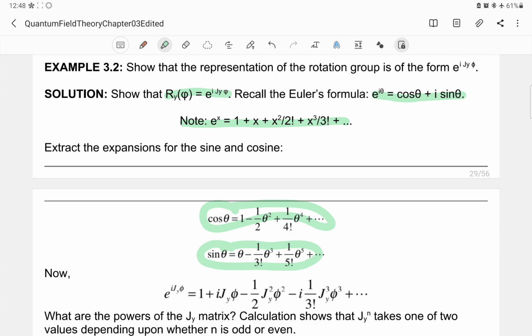But in that case, you have alternating positive and negative coefficients. Now your exponential of i Jy theta would have to be written in this form.